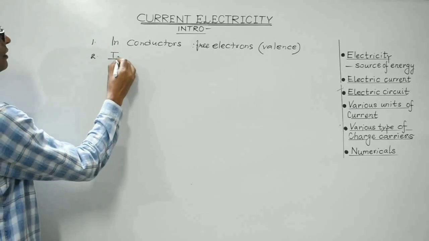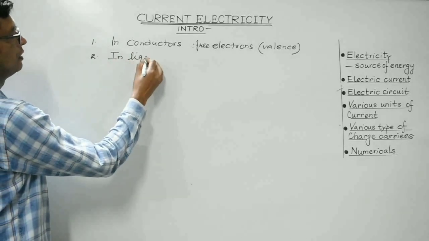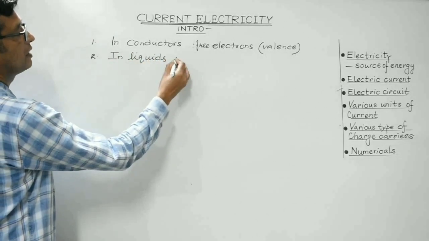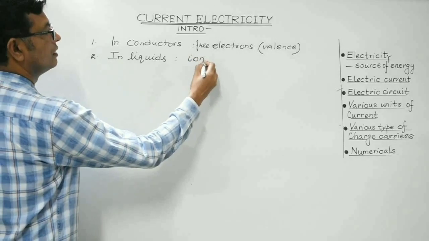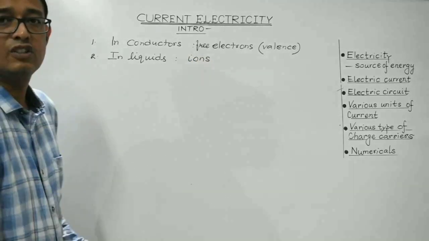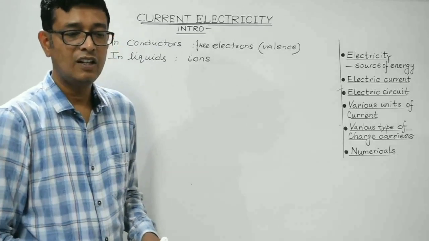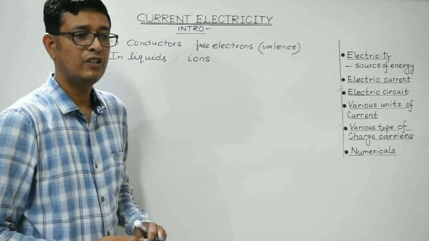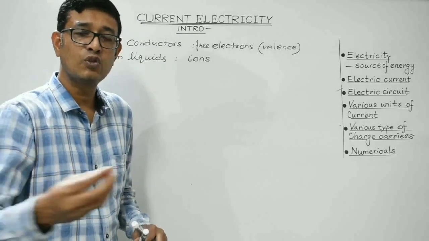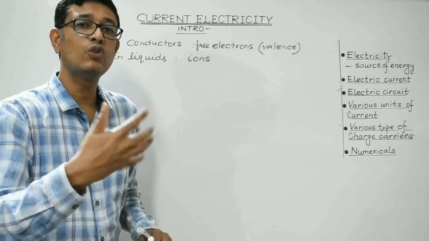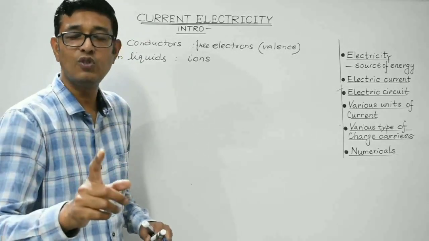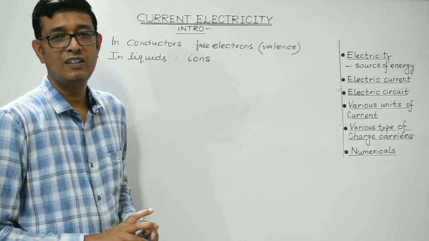In liquids, the charge carriers are ions. They can be cations or anions, right? There are certain liquids which, when current is passed through them, tend to dissociate into ions. Such liquids are known as electrolytes.